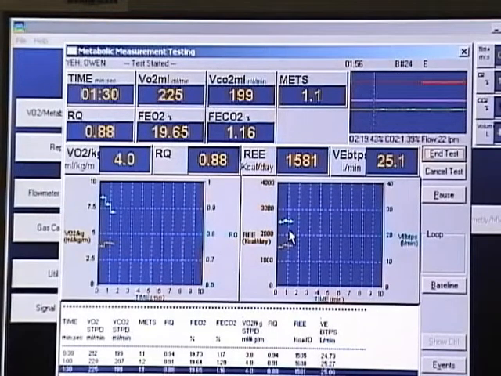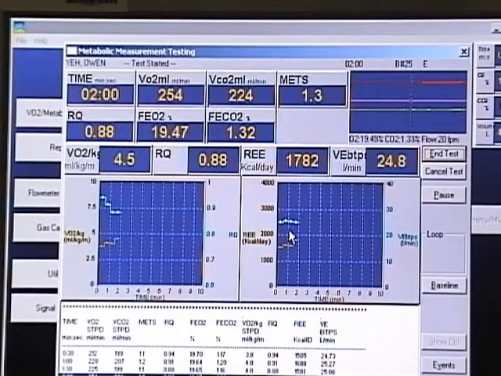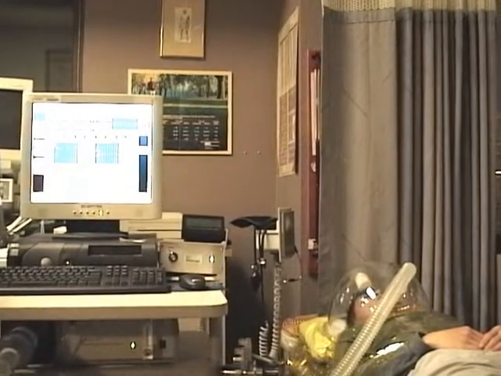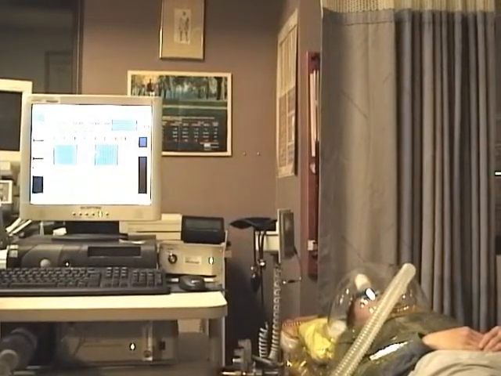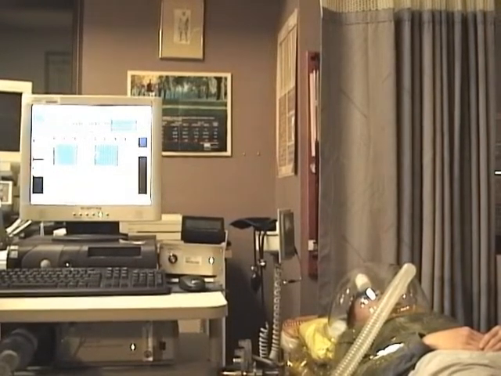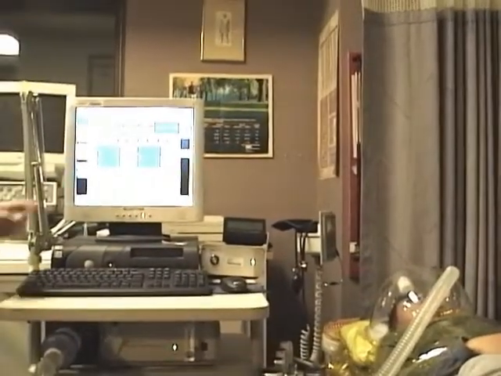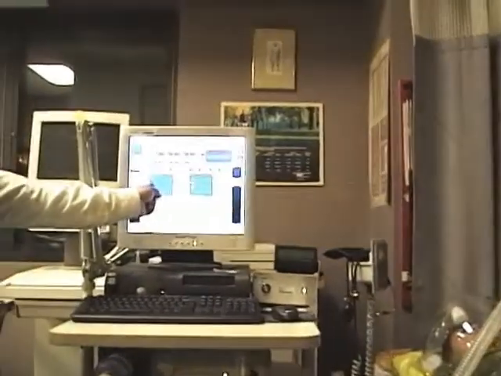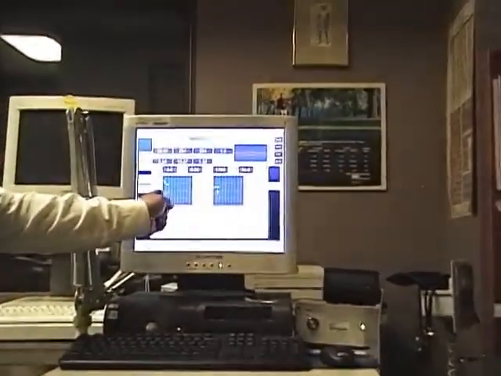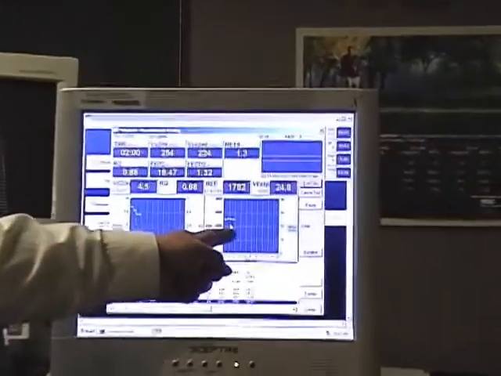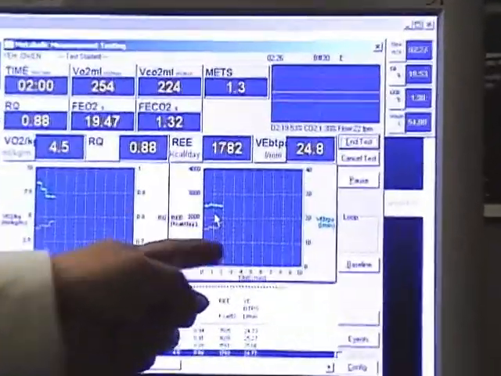And the common way of doing the canopy testing is to have the subject test 20 to 30 minutes, sometimes longer. Throw away the first 5 minutes or 5 to 10 minutes data. Only use the later part of the data. Also check how fast the VO2 or the resting energy expenditure REE is changing.